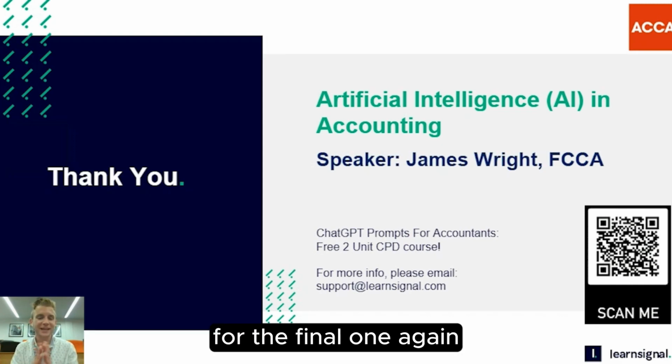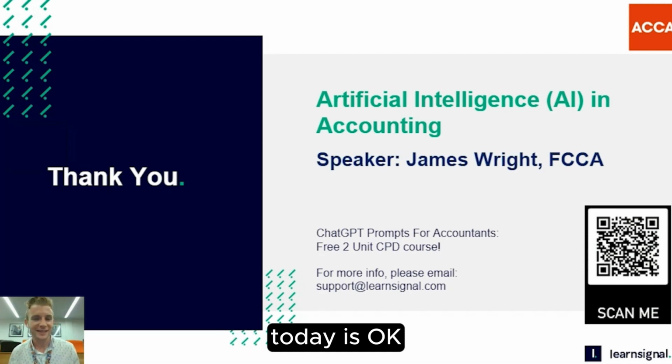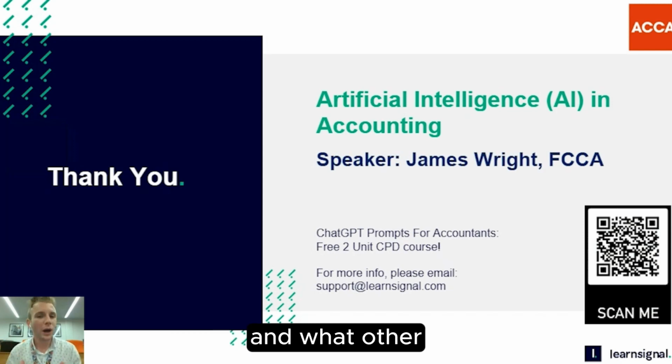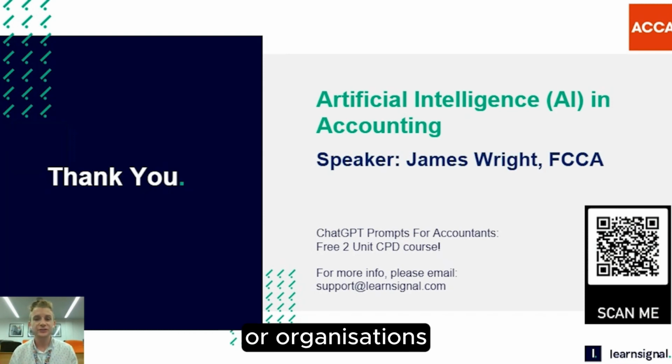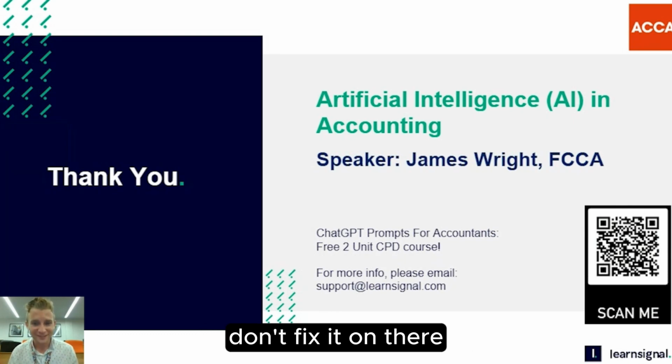Well, the final one, again, I'm trying to make this as holistic for the different industries that we have here today, is, okay, you're my software provider. What other AI products are other companies like us or organizations using as well? Because if it ain't broke, don't fix it, if it's working for some companies.